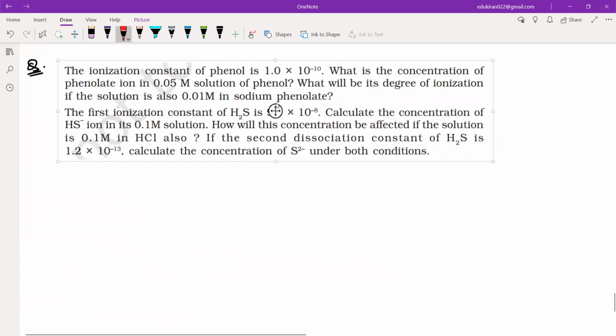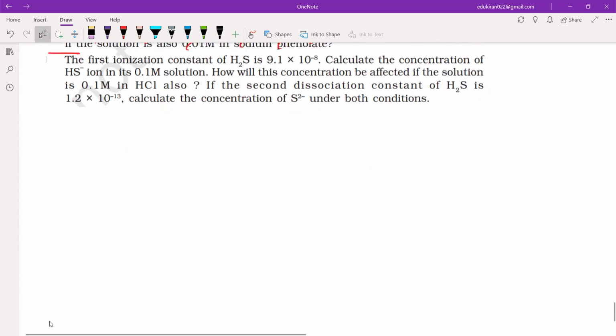So we are not doing this one. This is also a similar type of question, but rather we are going to do this question. Okay, the first ionization constant of H2S is 9.1 into 10 to the power minus 8. Okay, so write this question, all of you, first of all, then we will start doing this.